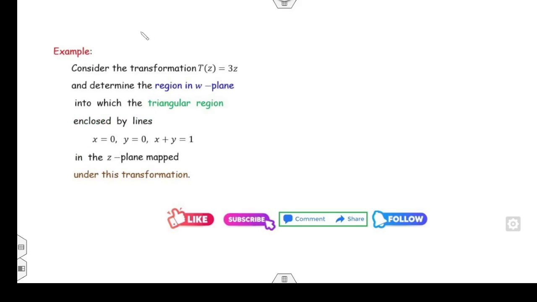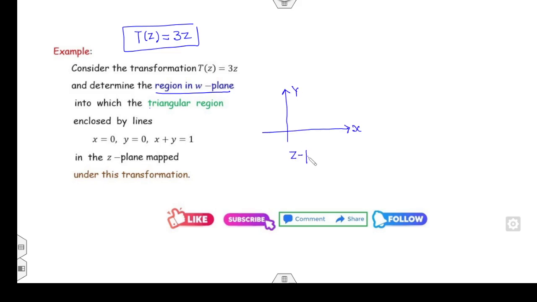Okay, look at another one. Consider the transformation T of Z is equal to 3Z. Again, you can see this is a magnification. Find the region in the W plane into which the triangular region of the XY plane is mapped. This is my XY plane, which is called the Z plane. So can you draw the region?